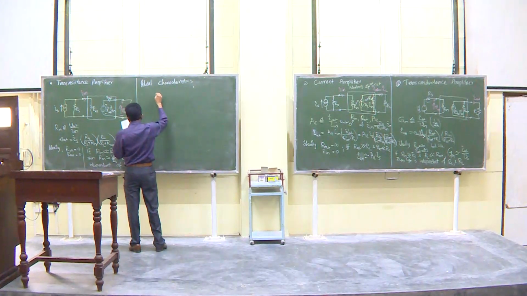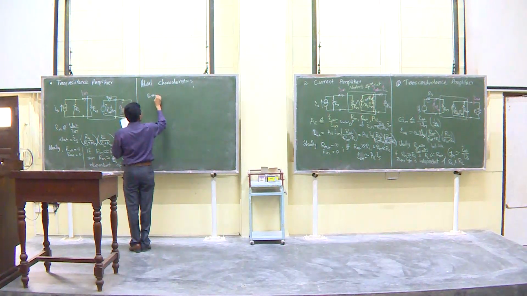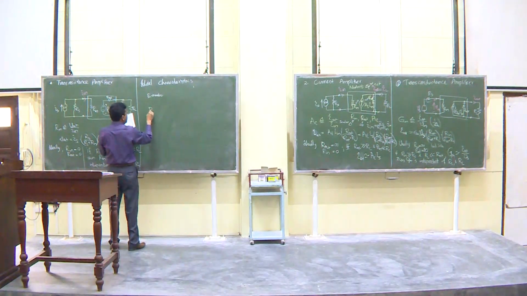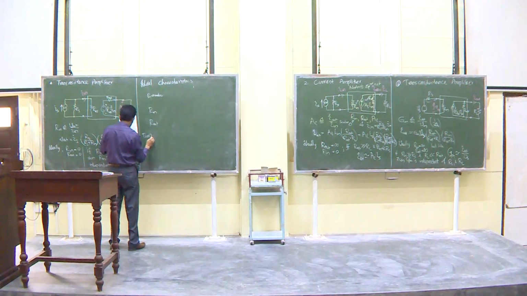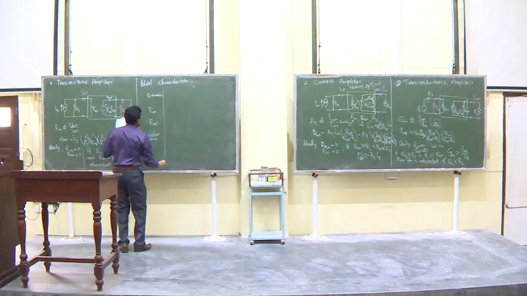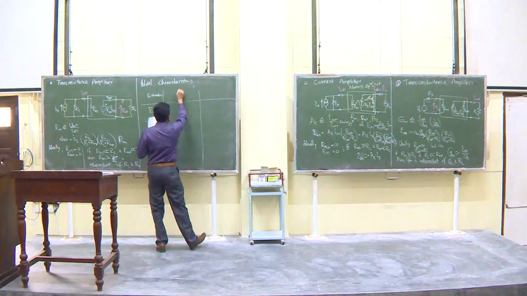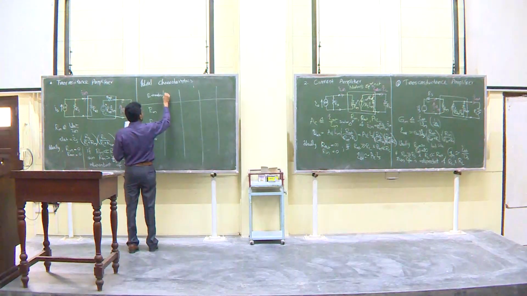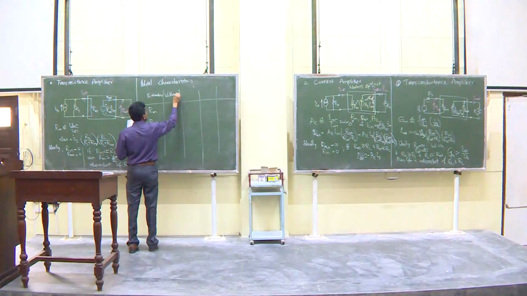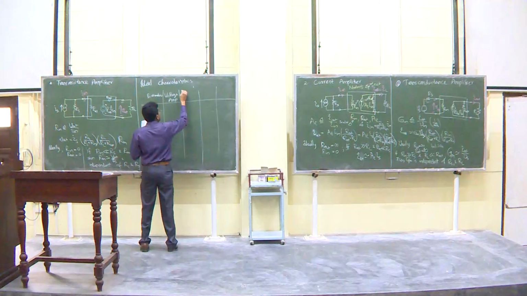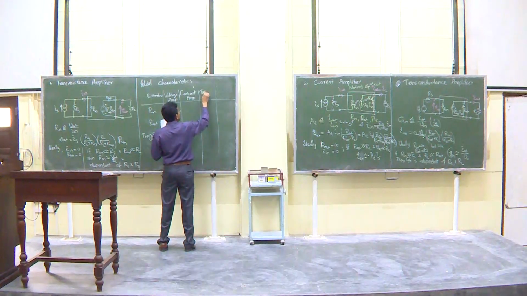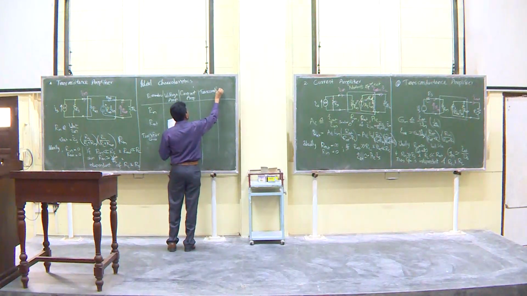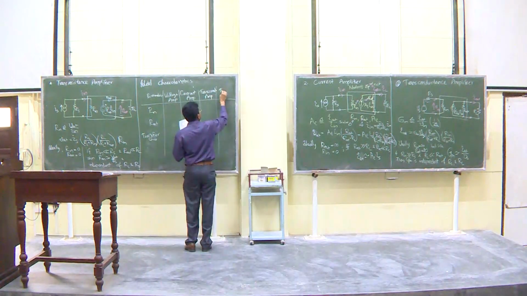You have the parameters R in, R out, transfer gain, transfer characteristics. And there are 4 categories: the voltage amplifier, current amplifier, transconductance, and transresistance.